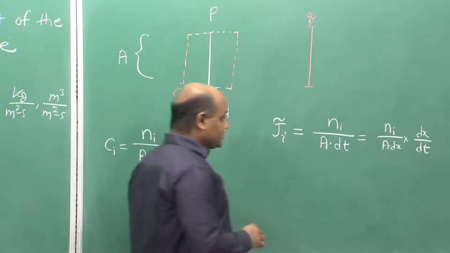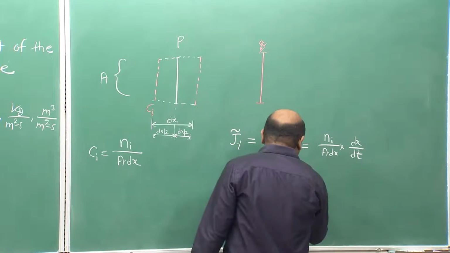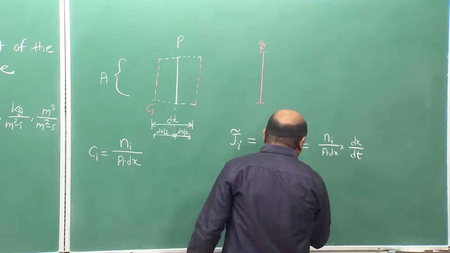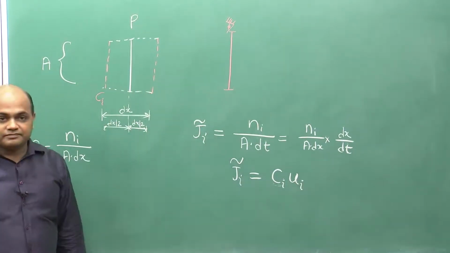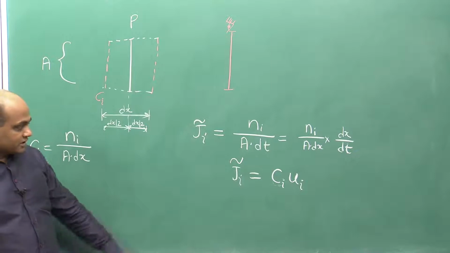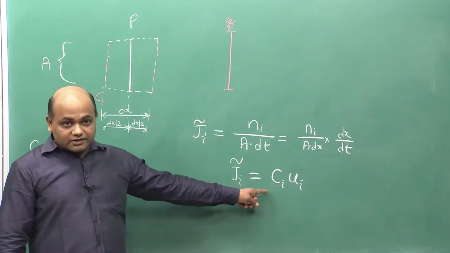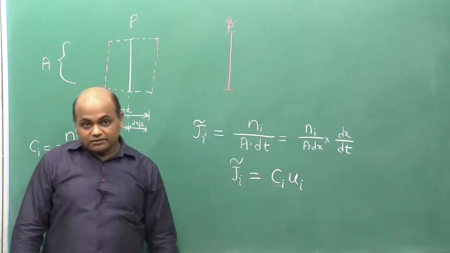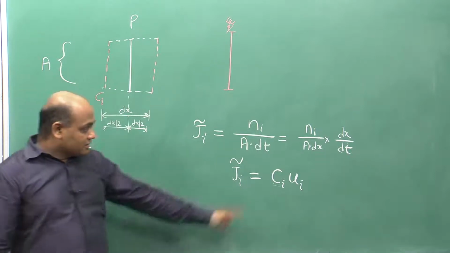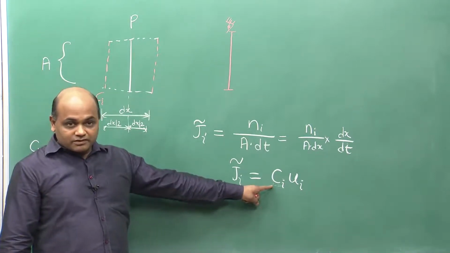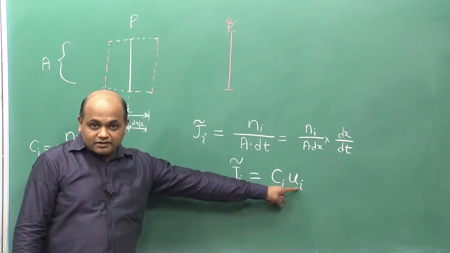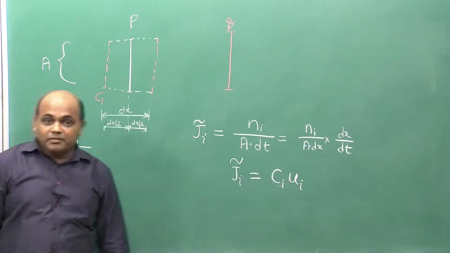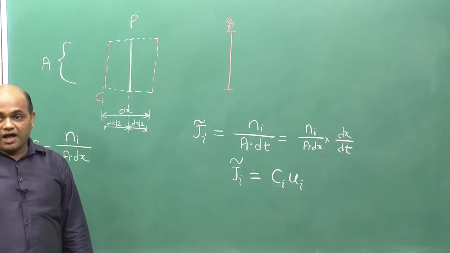Let us denote this by ui. So, Ji tilde is simply Ci times ui. So, this is the expression that we get for the interdiffusion flux, that is the flux with respect to a laboratory fixed frame, which is the product of concentration of I and ui. It is also referred to as the mean velocity of atoms of I.